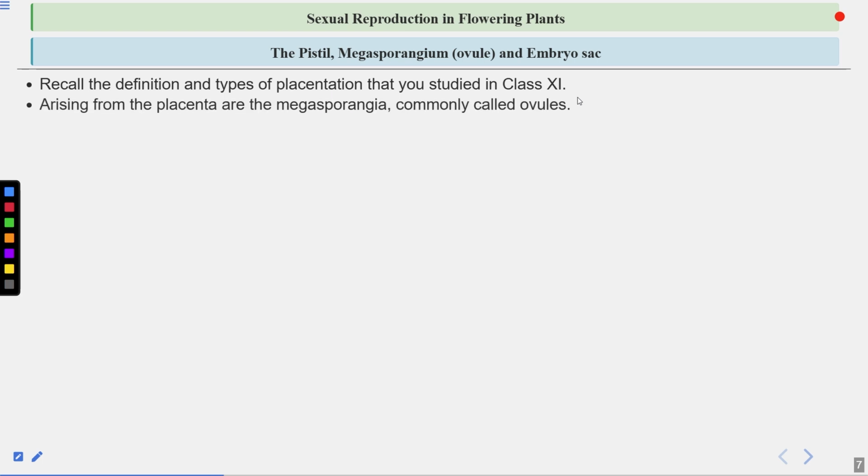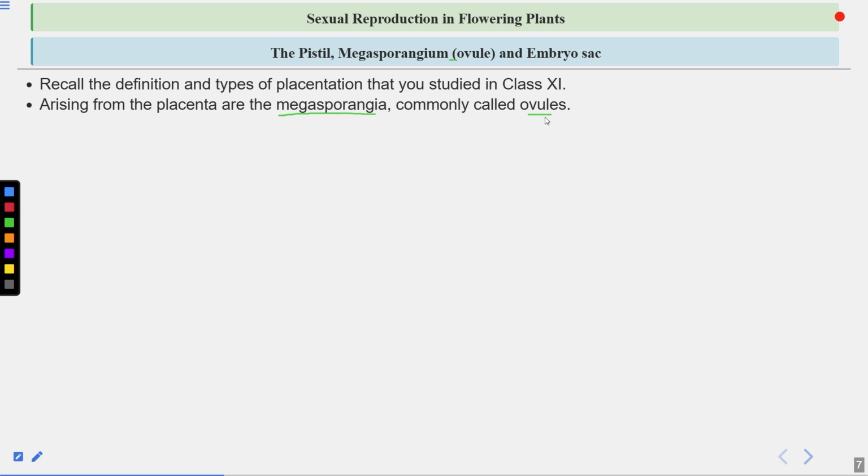Arising from the placenta are the megasporangium, commonly called ovules.